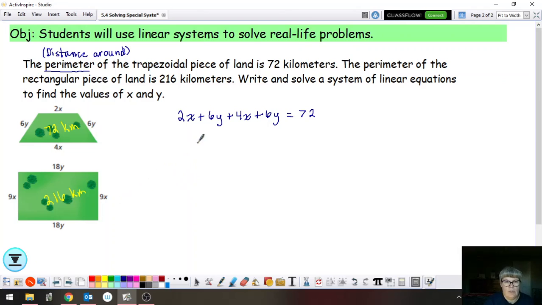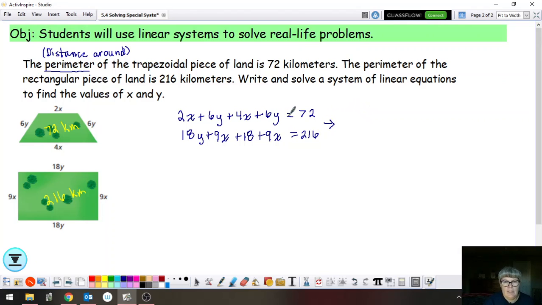And for the rectangular piece of land, I can write 18y plus 9x plus 18y plus 9x equals 216 kilometers. And now let's simplify each of these equations.